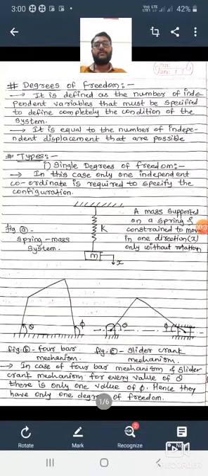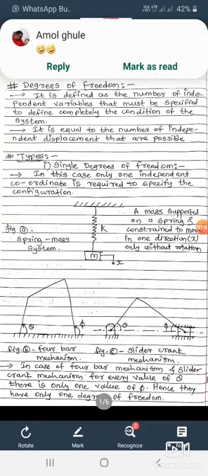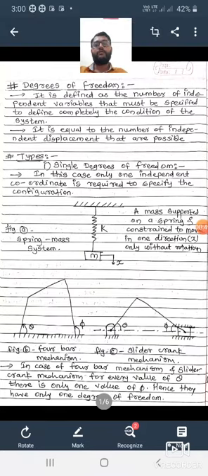So students, there are three types of degrees of freedom. First is single degree of freedom. Single degree of freedom means, we'll show one diagram. Figure A shows the spring mass system.